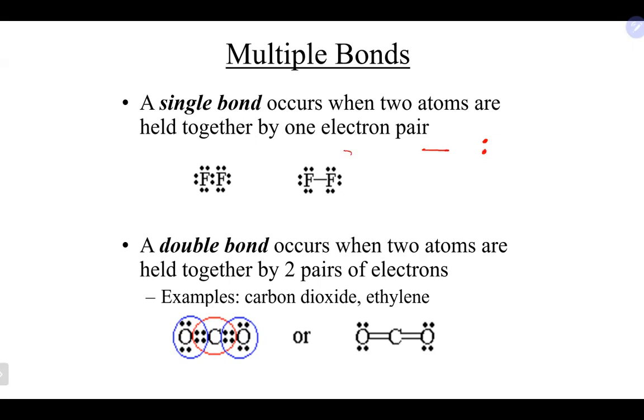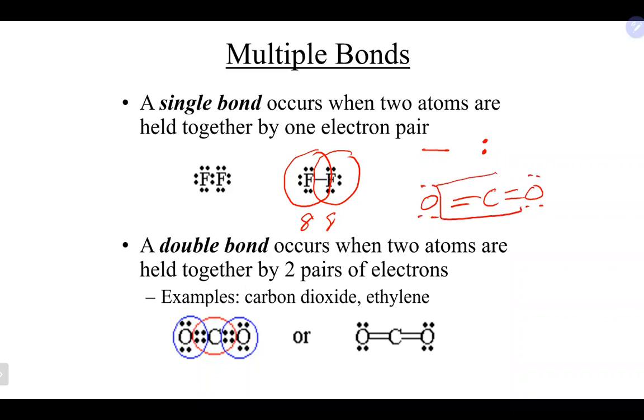And as we talked about before and counted, by sharing our electrons here, each of these gets to 8. In something like CO2, which is below, the carbon actually needs to double bond with the oxygen on both sides. And by doing so, the carbon ends up with 8 electrons, 2 for each line.